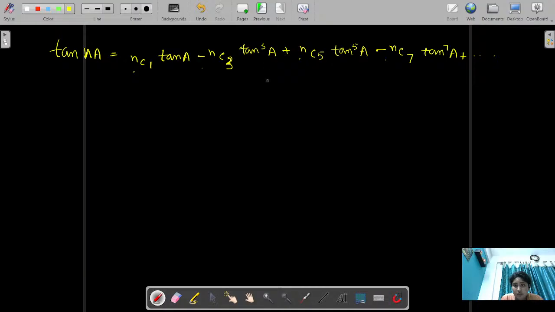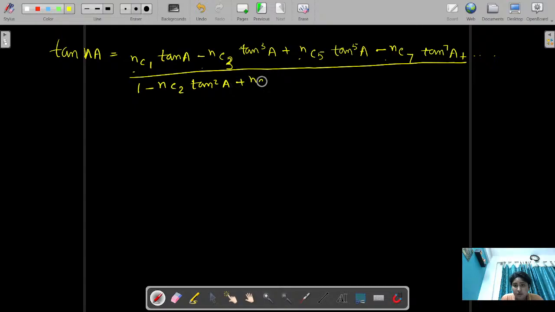Okay, it will go like this. Now in the denominator, this will be 1 minus nC2. Here my terms will be even. So then you can guess this will be my 4 tan 4A minus nC6 tan 6A.